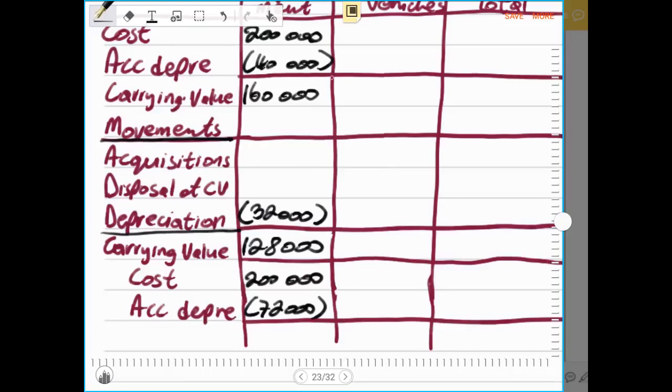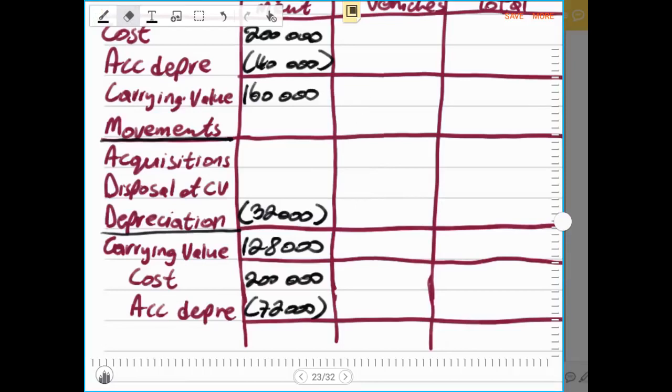Remember, when you say 160,000 rands minus, not plus, if you say 160 minus this, it should give you the same 128,000 rands. 160,000 rands minus 32,000 rands does give us 128,000 rands, just to confirm the accuracy of your amounts.